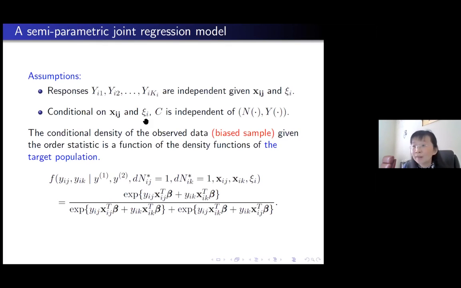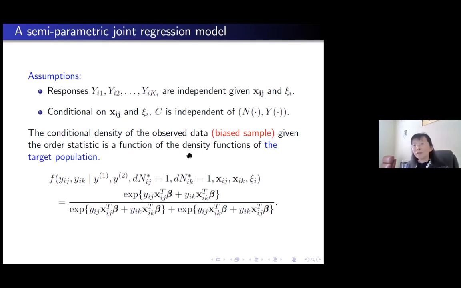The second assumption is commonly used to handle informative censoring, in which the censoring is allowed to be correlated with the outcome process and the self-reported process through the random effects. However, after conditioning on the random effects and the covariates, the censoring is independent of the other processes.